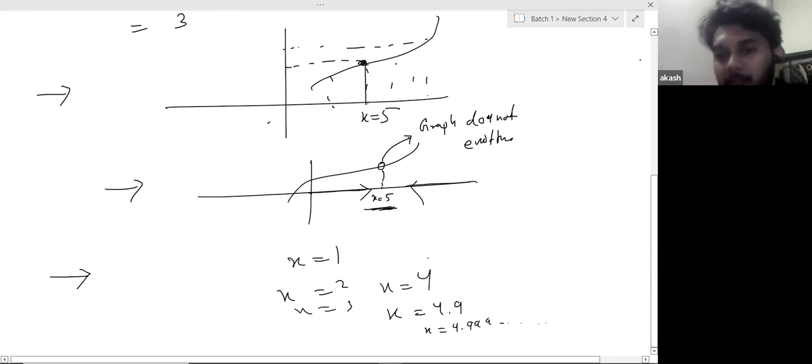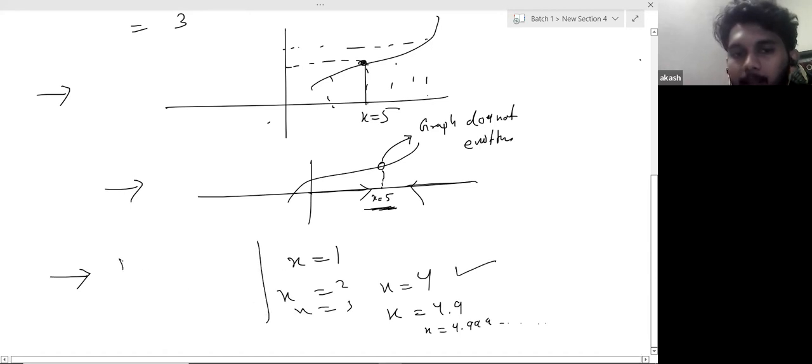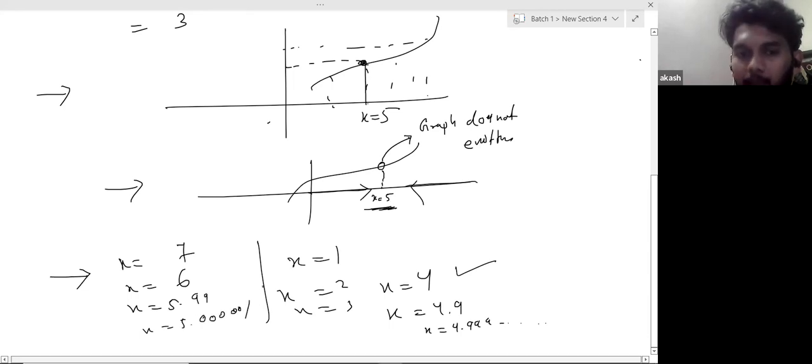When you are approaching 5, this is one way to do this. Or you can put x equals 7, then x equals 6, x equals 5.99, x equals 5.00000001. Again, you are approaching 5, right?